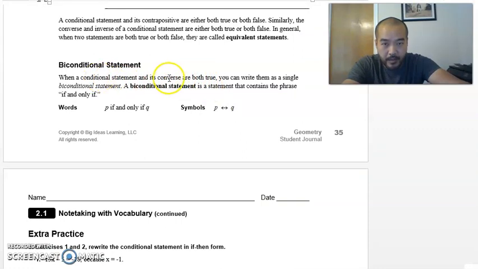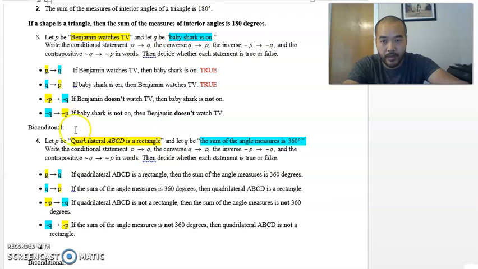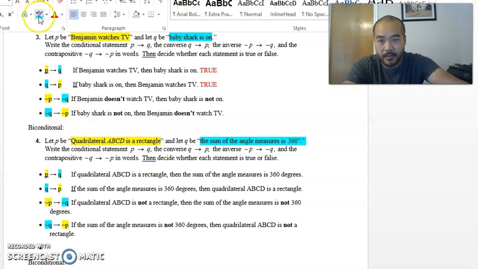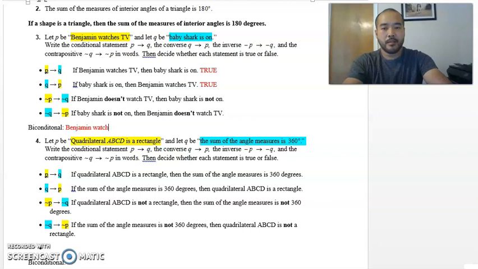If the conditional and its converse are true, you can write them as a single biconditional statement. So the way I do that for this biconditional statement, I would write Benjamin watches TV if and only if Baby Shark is on.